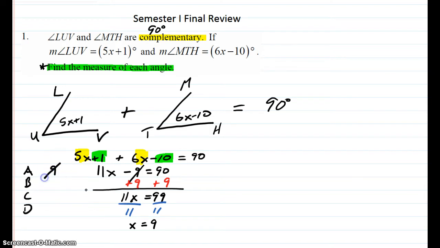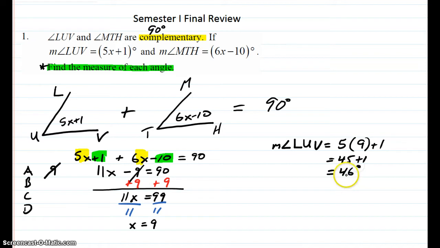So we know 9 is not going to be the answer, because we have to take those and plug it in. So the first one is the measure of angle LUV, which is 5 times x, which was 9, plus 1. So that gives us 45 plus 1, which equals 46 degrees.